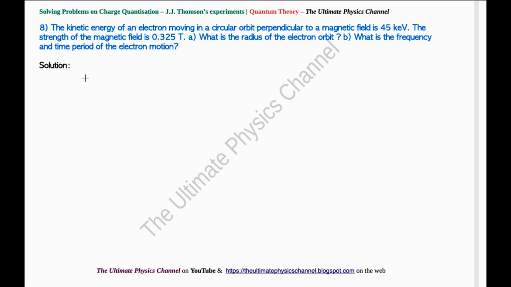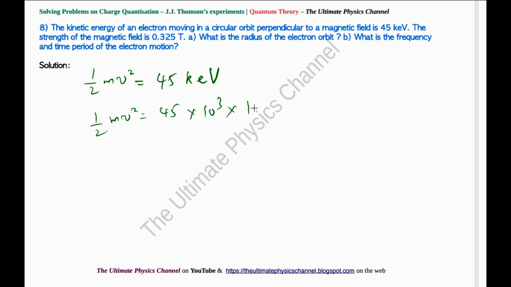So the kinetic energy is 45 keV. I am going to write half mv squared is equal to 45 kilo electron volt. So half mv squared is equal to 45 times 10 power 3 times 1.6 times 10 power minus 19. For conversion from eV to joules, I am multiplying with this factor.